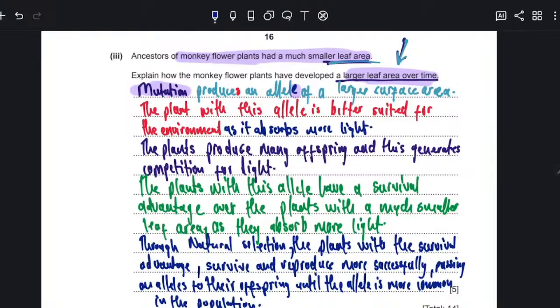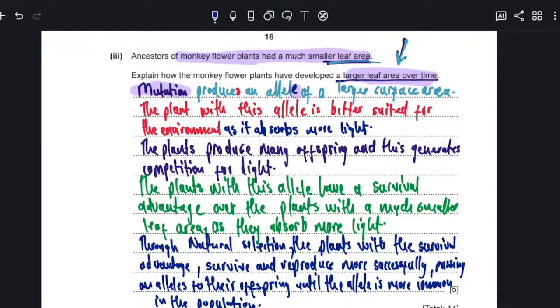Now you can go on. Now you can talk about what then happens. You know about natural selection. We said all plants or all organisms will reproduce. The ones with the small surface area and the ones with the large surface area reproduce until the environment cannot sustain both of them. Their offspring. So until they start to produce a lot of offspring, until the environment cannot support all that offspring, so there is now going to be competition.